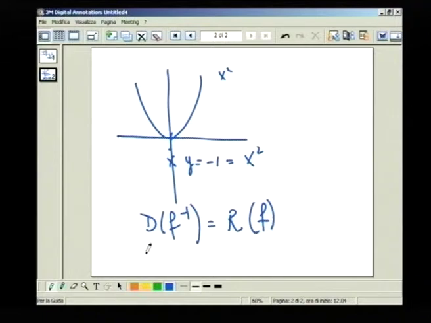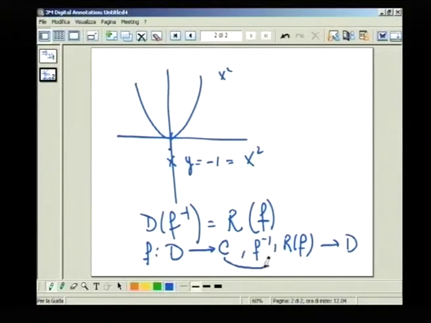But then we know very well that f maps from the domain of the function to the codomain of f. And f minus 1 maps the values from the range of f to the domain of f, which is the range of f minus 1. Since this is the opposite of that one, we must have that the range of f is equal to the codomain of f.